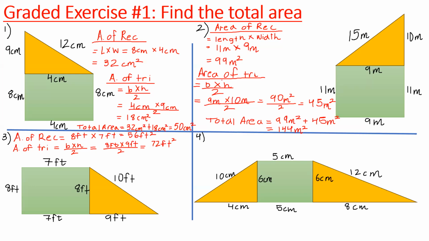Very good. Put your answers inside the chat for number 3. Tell me what y'all get for number 3, the total answer. And what is 72 divided by 2? Class, what is 72 divided by 2?